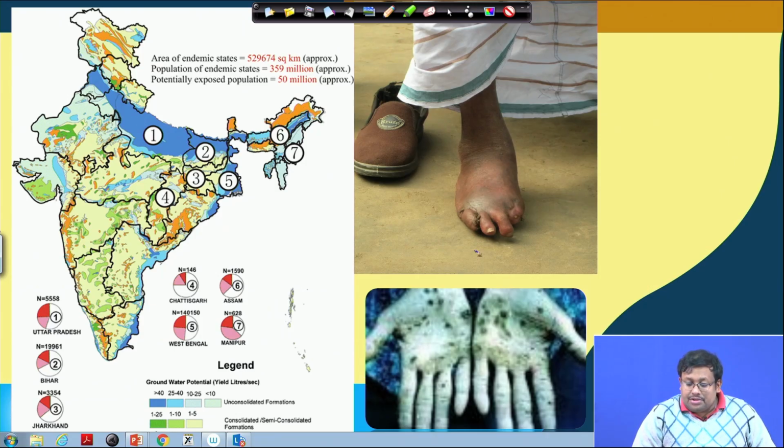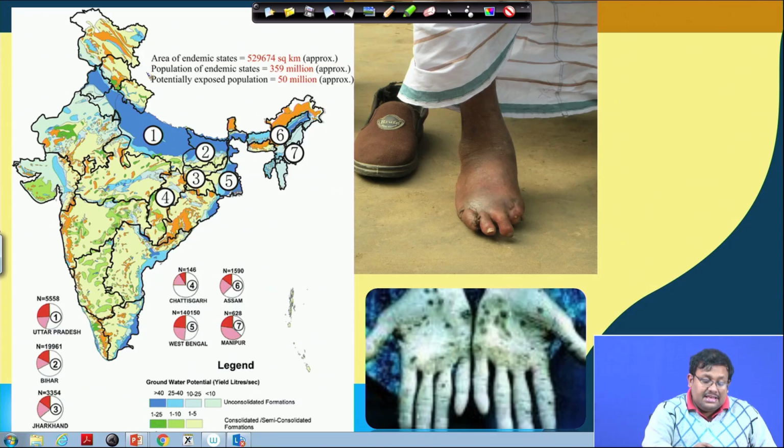This also shows some health impacts of arsenic. Due to consumption of arsenic-laden groundwater for a longer period of time, it produces different types of health impacts and ultimately cancer. So, that shows the impact of arsenic pollution.